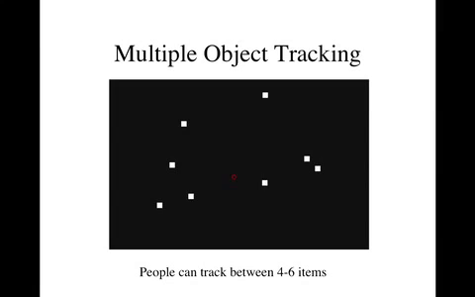As we said, there seem to be some specific limits on this kind of ability, somewhere between 4 and 6. Some people have greater ability than others. One important thing to notice here is that multiple object tracking really is locked on to things that are objects. It's less clear that you can pay attention to, say, 4 locations at once. But when it comes to objects, it seems that people are able to do this.